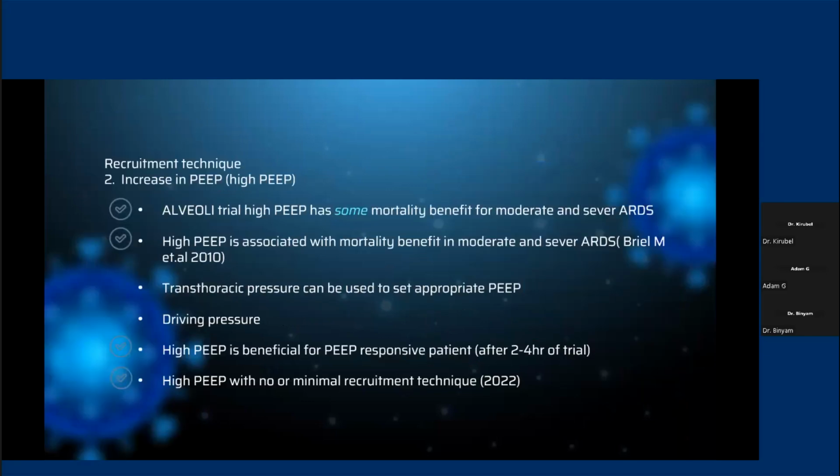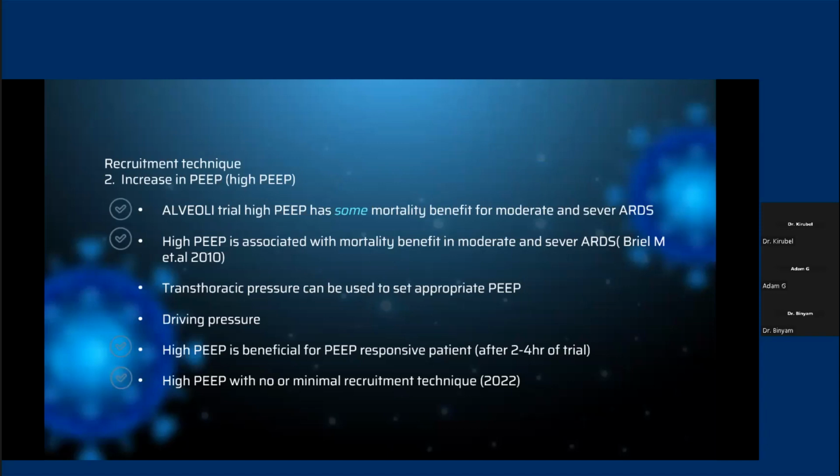The other one is the recruitment techniques, increasing PEEP, as we discussed previously with the FiO2 PEEP graph. The ALVEOLI trial, an old trial, shows some mortality benefit, but statistically still not significant.